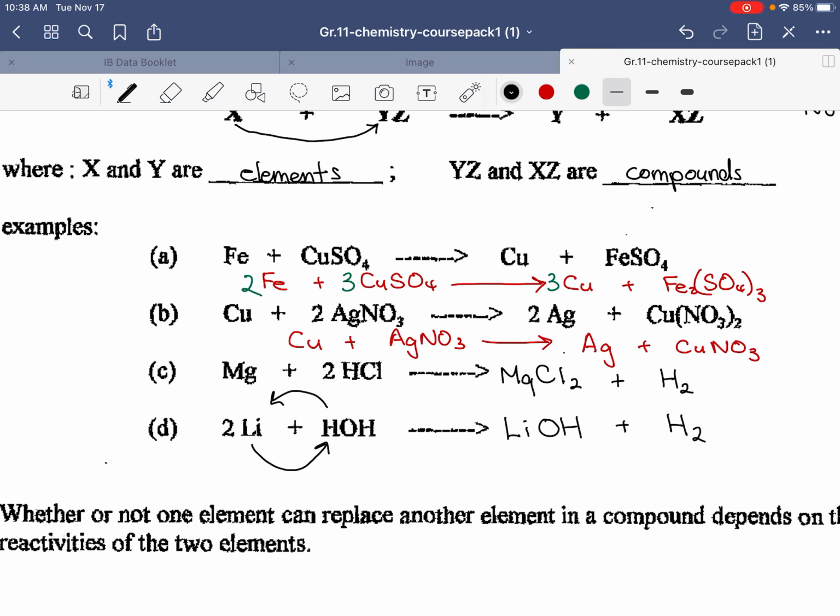That's why it's not a good thing to leave these alkali metals on their own. You wouldn't take an alkali metal and put it on your desk, on a table, exposing it to the moisture in the air. Because these guys react with water, and they react with water pretty spontaneously.